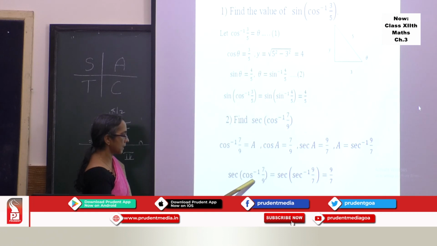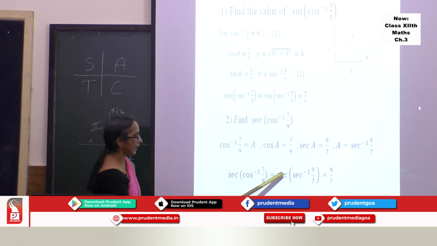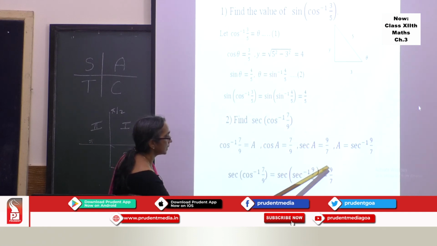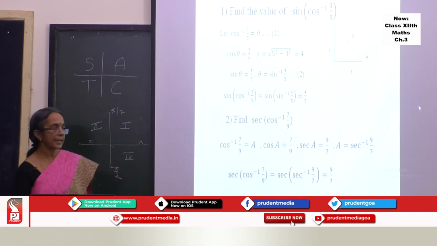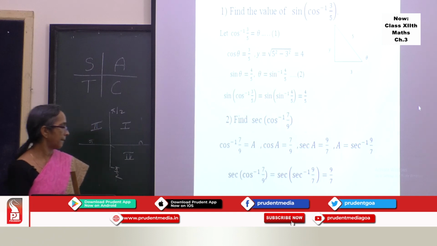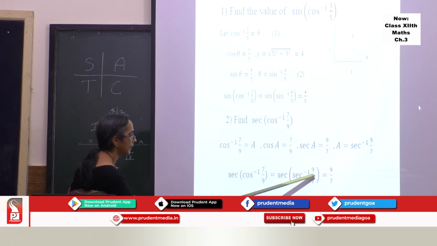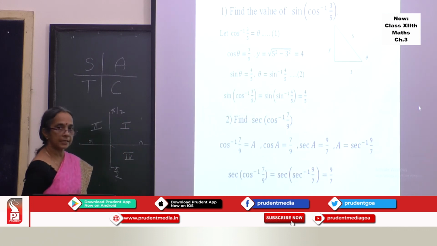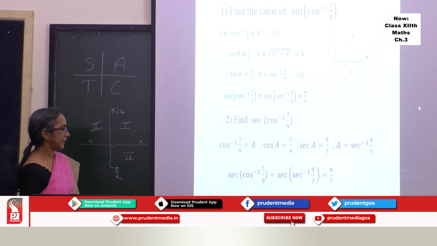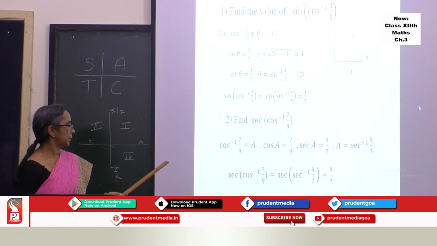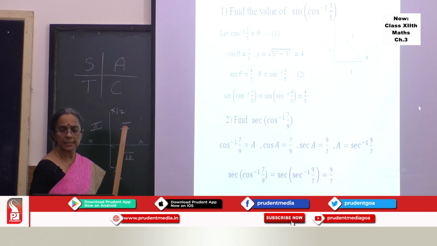So sec of cos inverse of 7 by 9 we can write as sec of sec inverse of 9 by 7, which is equal to 9 by 7, since it is in the range.